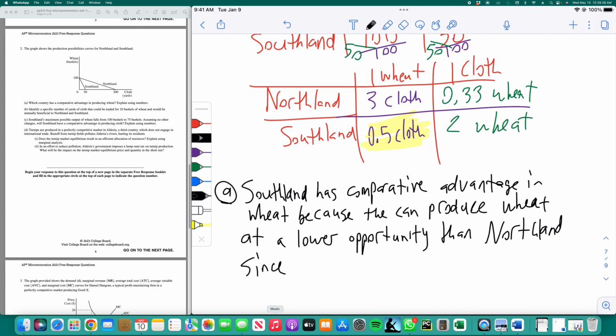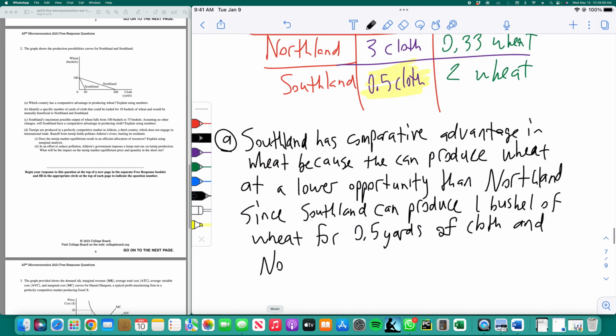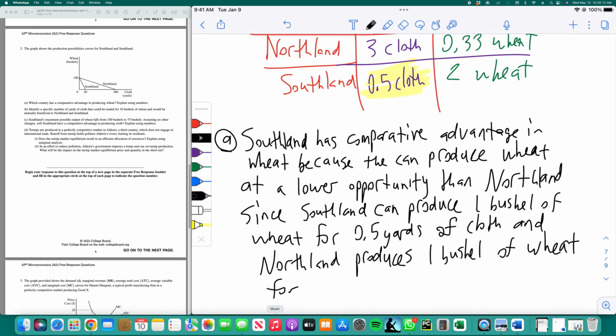Since Southland can produce 1 bushel of wheat for 0.5 yards of cloth, and Northland produces 1 bushel of wheat for 3 yards of cloth.